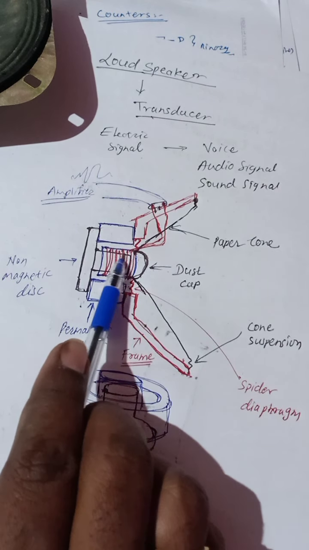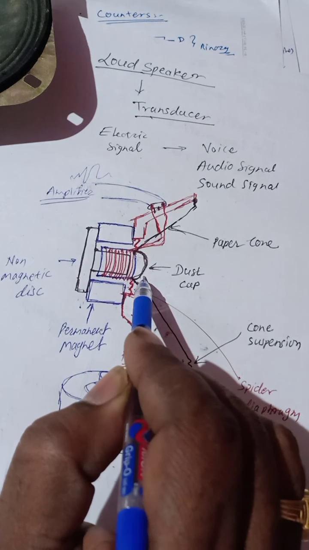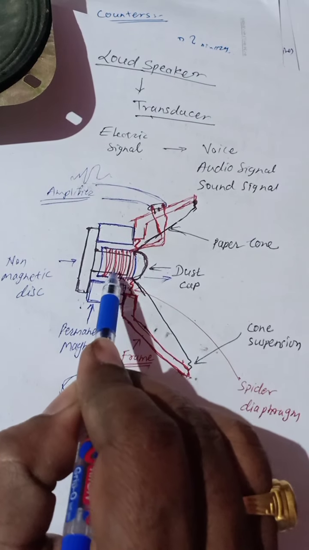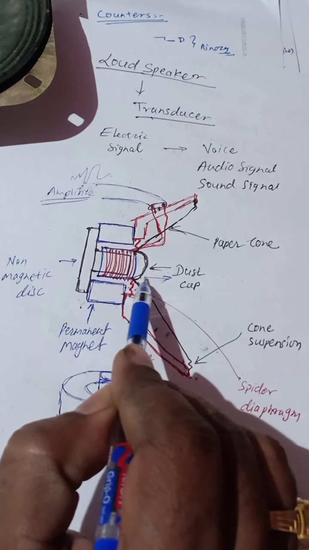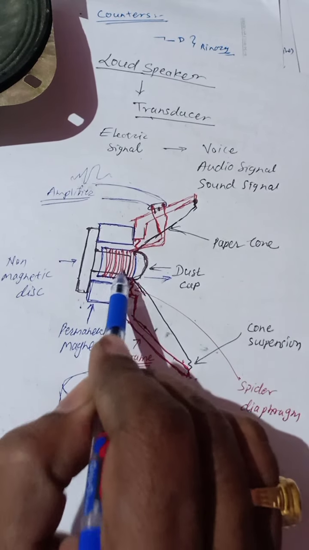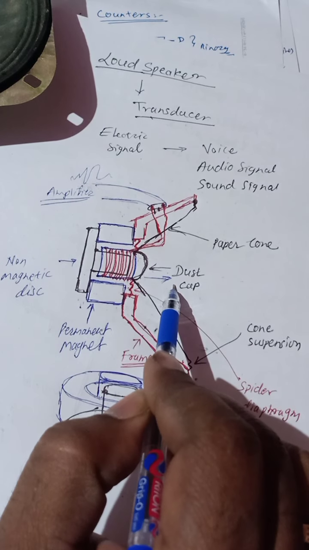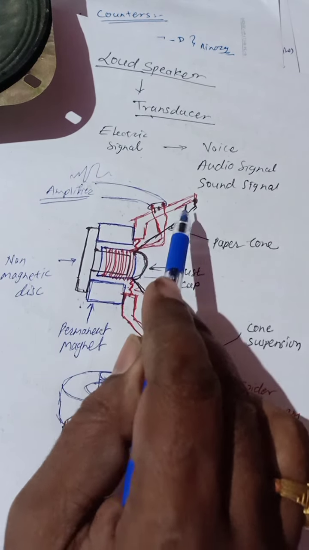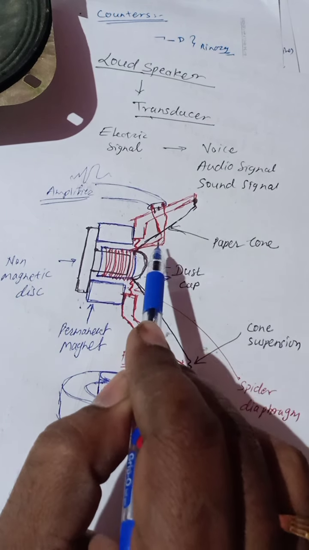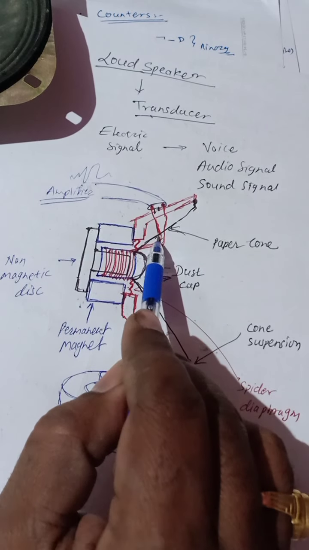This coil is thrown out in this direction because of the repulsive force between these two. As the coil is thrown out in this direction, it produces a pressure or vibration in the paper cone.